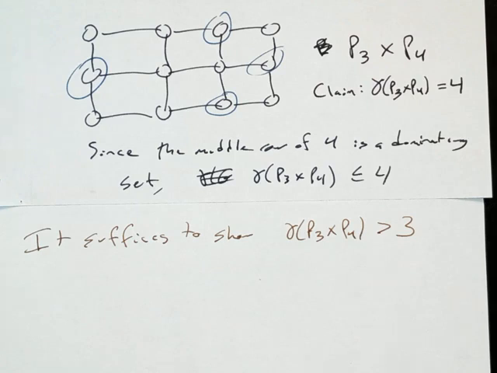What's my best method of proof for this? Proof by contradiction. I'm going to say, okay, let's suppose we can do it in 3 and see what we mess up.